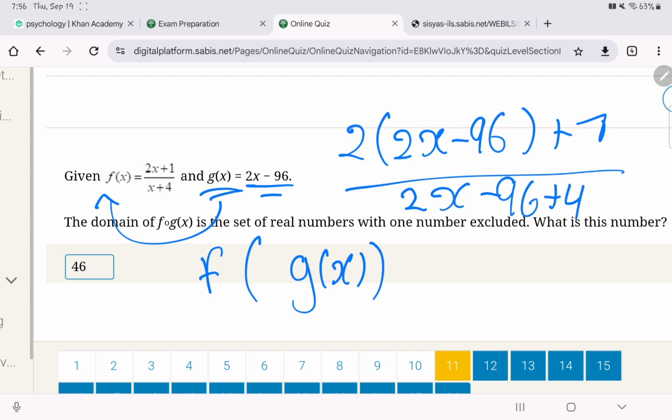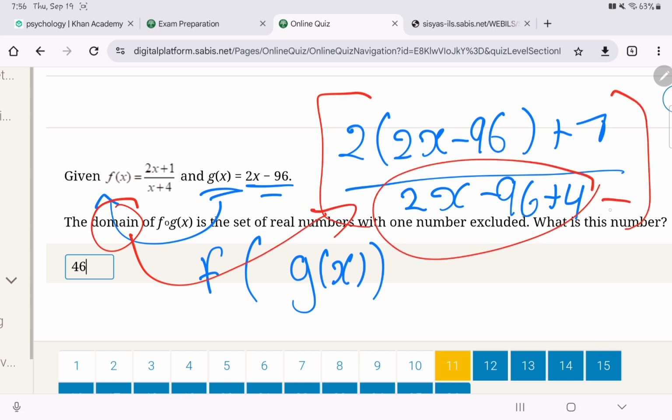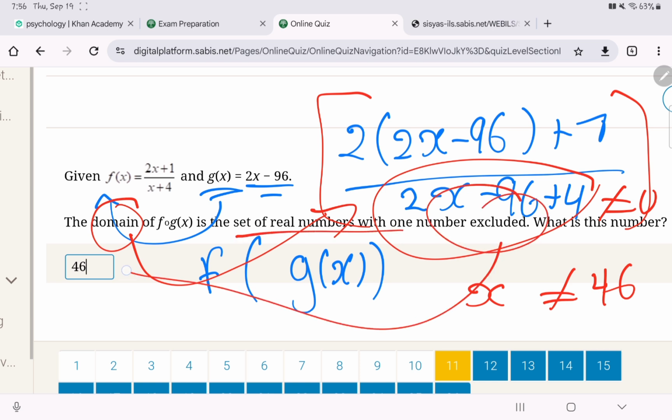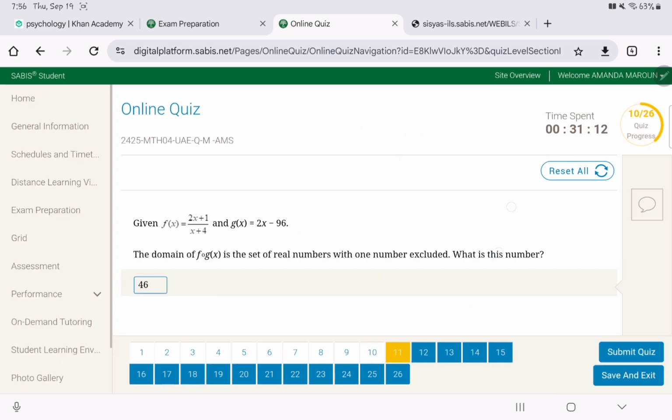Then they're asking for the domain, and we know that for the domain of a fraction, we should make the denominator different than 0. After solving, we get that x is different than 46. So the domain is the set of real numbers with one number excluded, and this 46 is the number excluded.